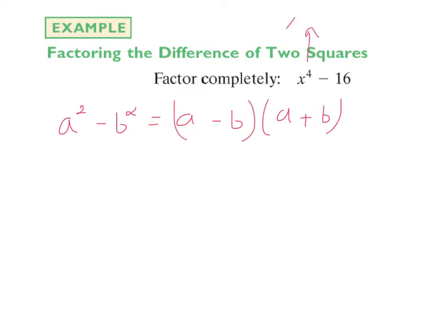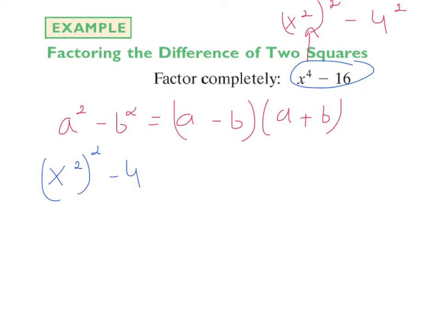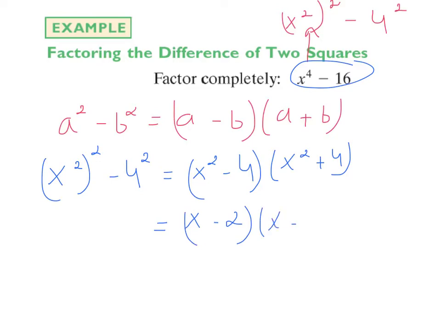We can write it as x squared squared minus 2 squared, which would be equal to x squared minus 4 times x squared plus 4. And x squared minus 4 is x squared minus 2 squared, which is x minus 2 times x plus 2, and then we have x squared plus 4. And that's the final answer.